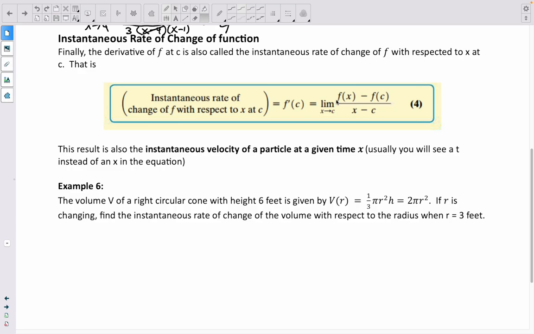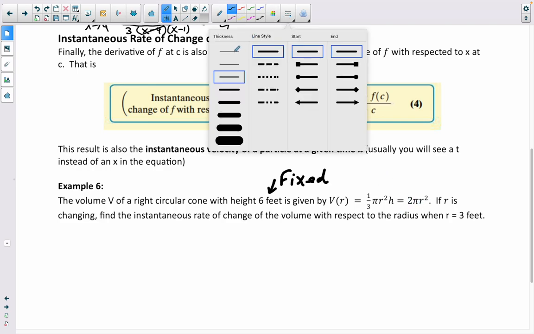All right. So here's our first example, example 6. The volume V of a right circular cone with a height of 6 feet is given by V of r is 1/3 pi r squared h. And since the height is 6 feet, this is fixed, meaning that does not change. V of r is actually equal to 2 pi r squared in this problem.